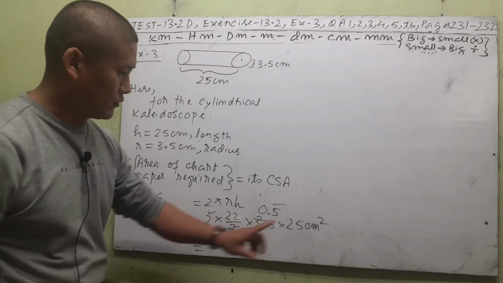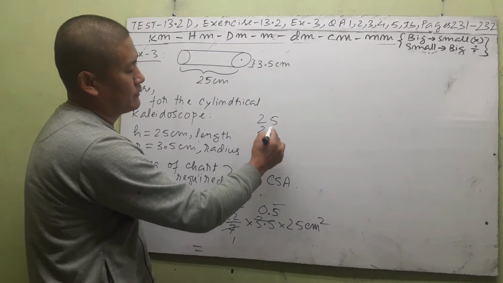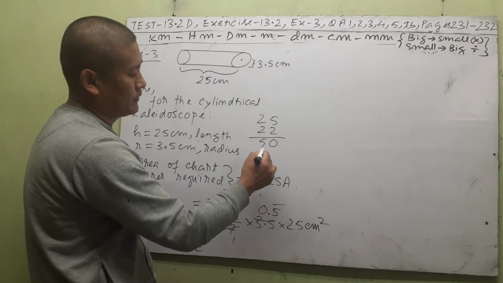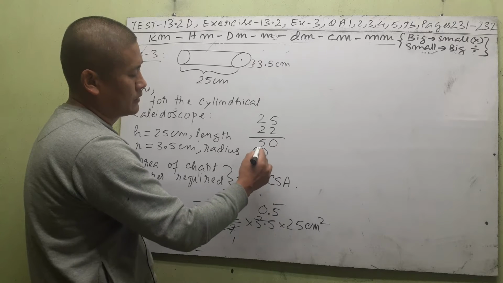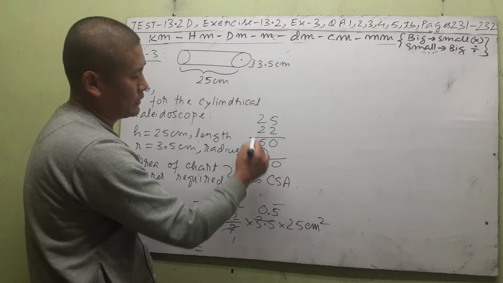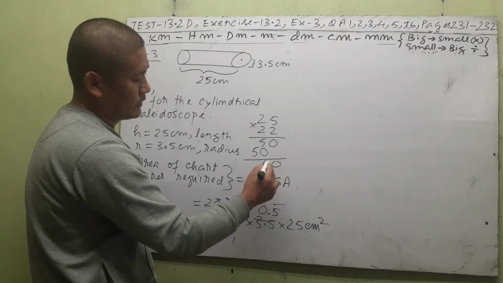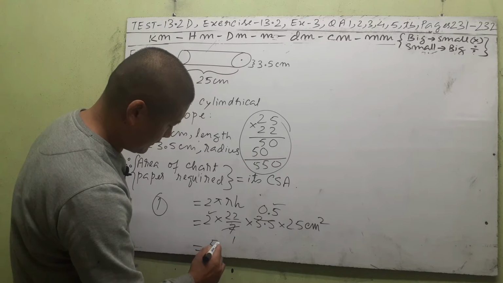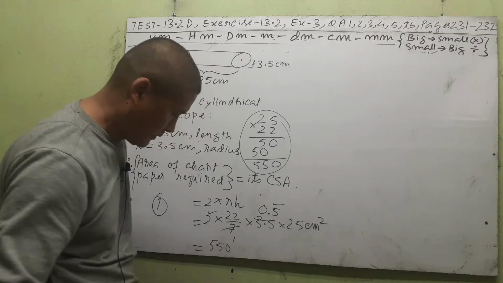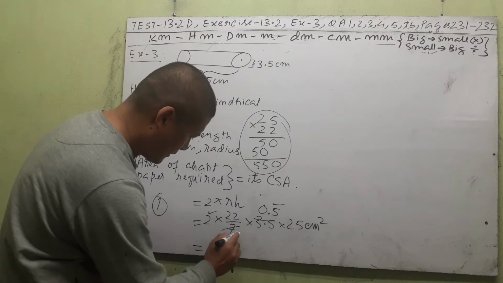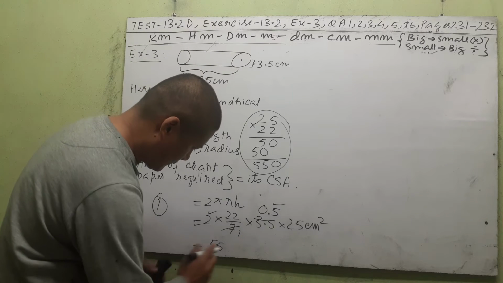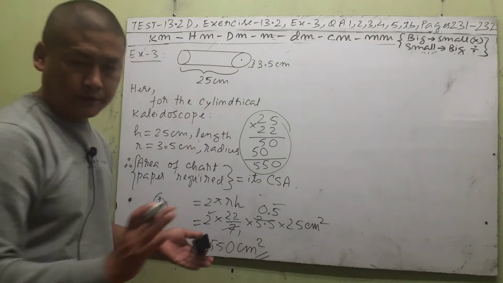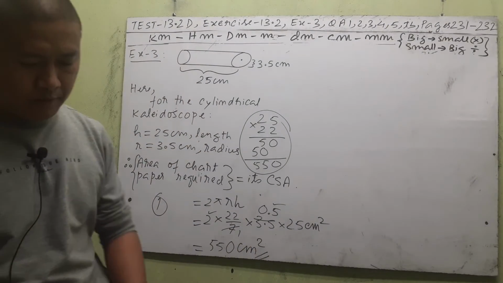So our answer will be 2 multiplied by 25 into 22. 5 2s are 10, 2 2s are 4 plus 1, 5. Same number, so 0, 5 again we read. Then we add it. Write these things on your rough. So 550 centimeter square is the area of the chart paper that she's going to require.